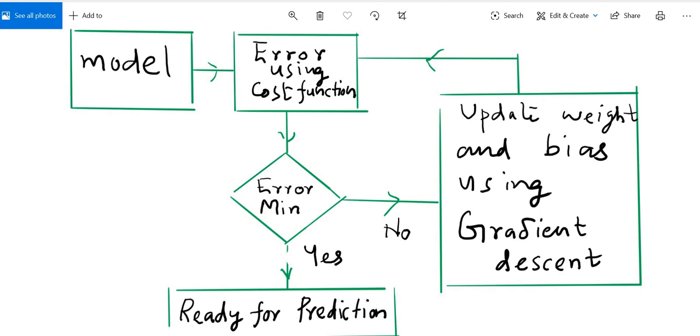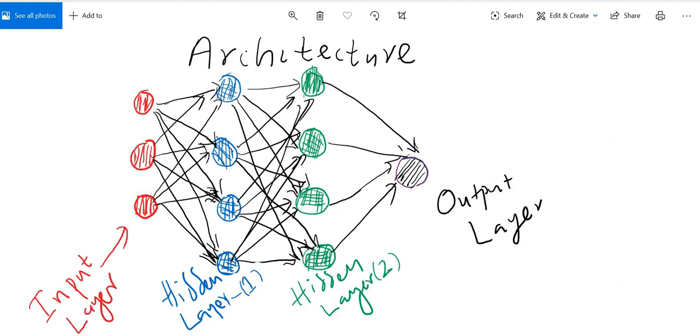In an artificial neural network, you have the forward propagation and the backward propagation. In the previous videos, we discussed forward propagation as well. When you move from the input layer towards the output layer, we calculate the predicted output and then calculate the error.